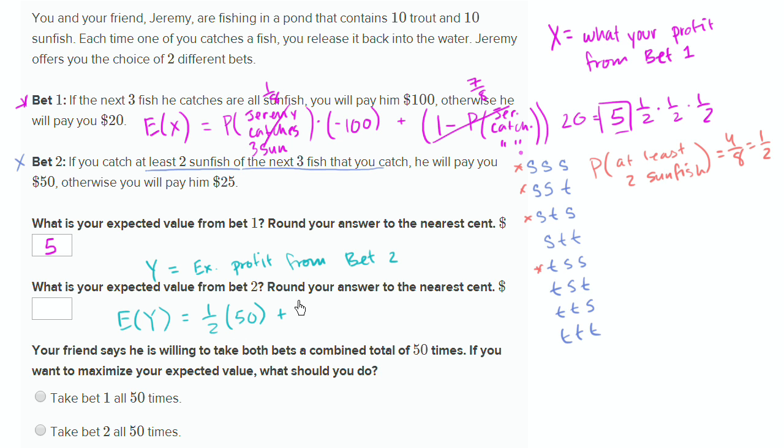And then the rest of the probability, 1 minus 1/2, essentially a 1/2 chance, is that you lose. So you have a 1/2 chance of having to pay $25. So this is 1/2 times 50 plus 1/2 times negative 25. This is going to be 25 minus 12.50, which is equal to 12.50. So your expected value from bet 2 is $12.50.